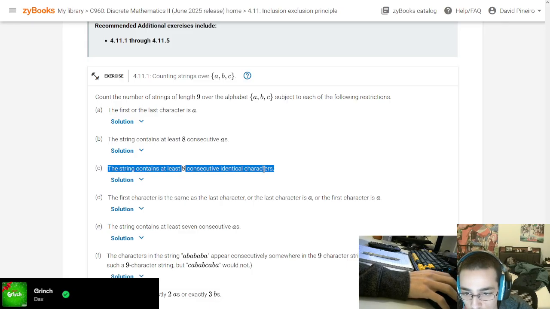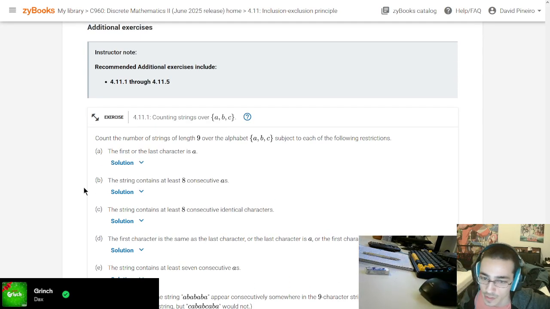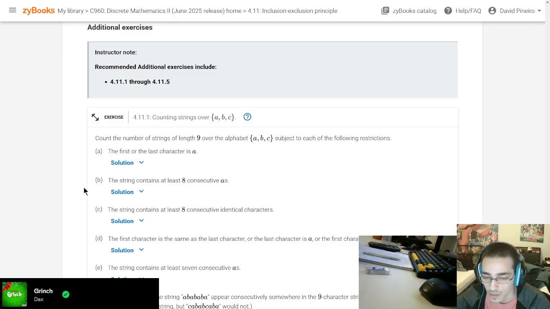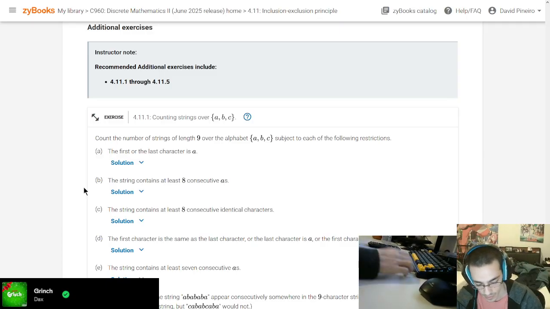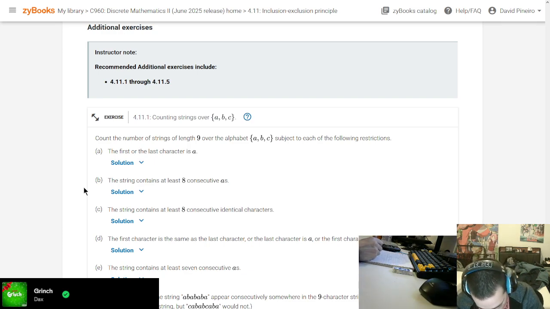Okay, so this one's kind of weird. The string contains at least 3 consecutive identical characters, so not just A, it could be A, B, or C. Okay, so I think we gotta count that.